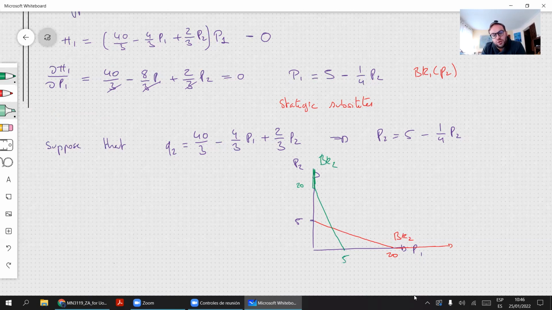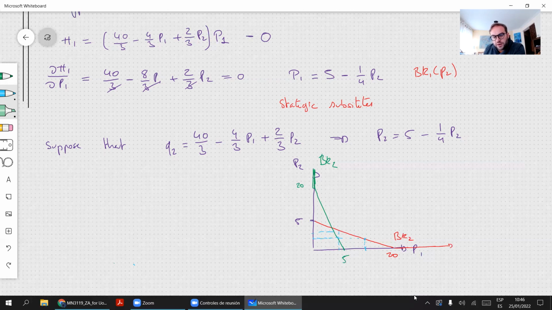Is this Nash equilibrium stable? I should always check for stability. If I check for stability, I start at any point for P1. I take this point for P1, and the best response of 2 is to do this, and the best response of 1 is to do this.